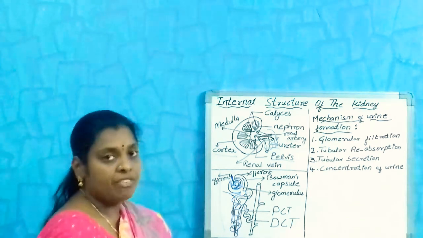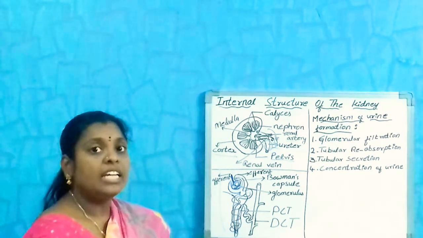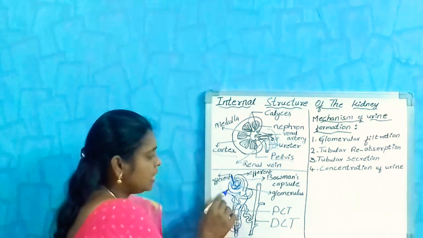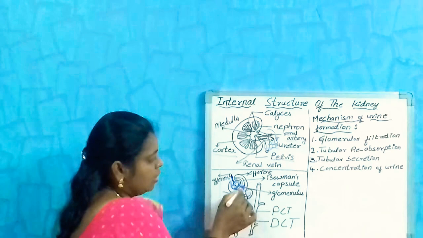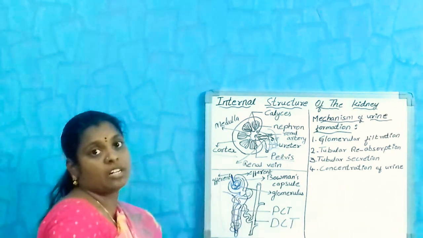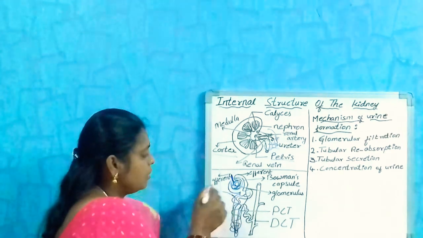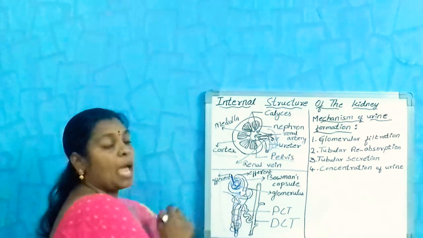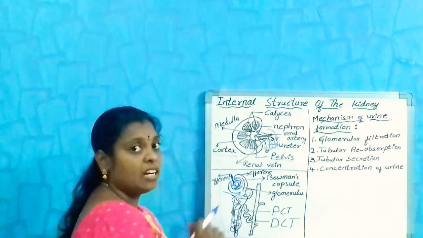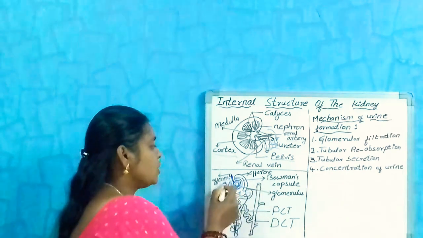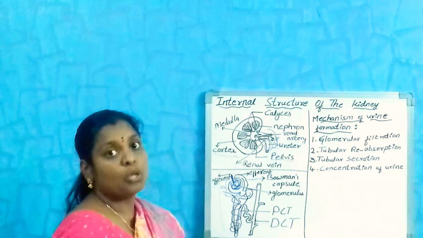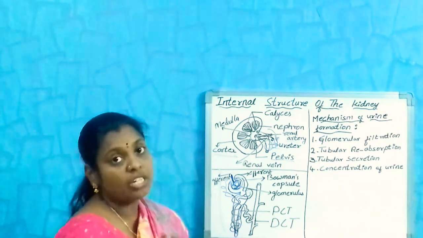This nephron is divided into two parts. This cup-shaped structure and the blood capillaries which are present inside the Bowman's capsule, these two together are called the Malpighian body.